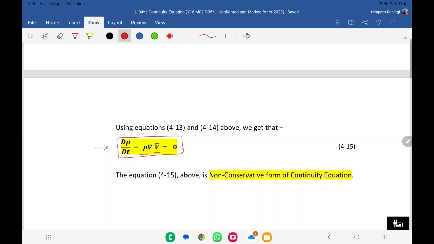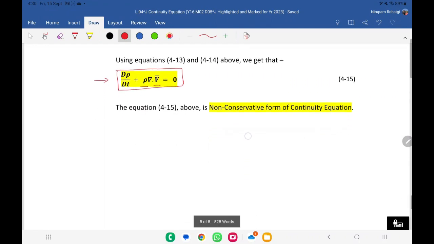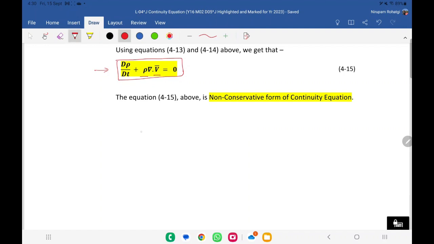So if I may write like this, you have the conservative form and the non-conservative form.